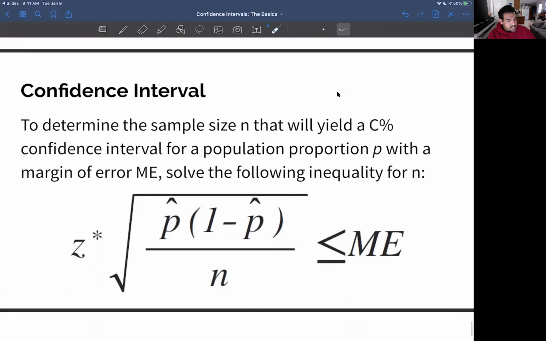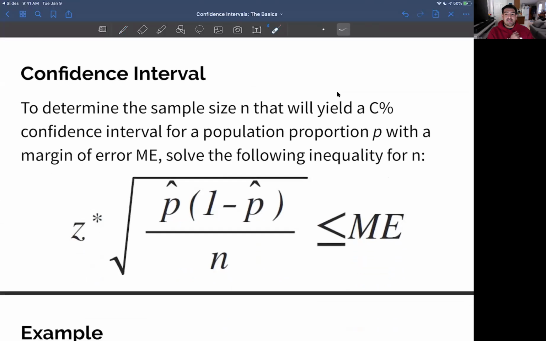So to determine the sample size that will yield a C percent level of confidence for a population proportion with a margin of error, solve this inequality, right? We have our critical value. This will be based off of what we're looking for, a 90%, a 95%, an 80% confidence interval, right?